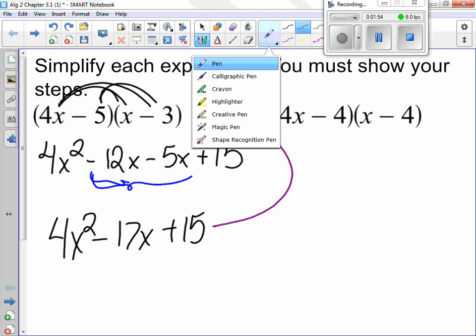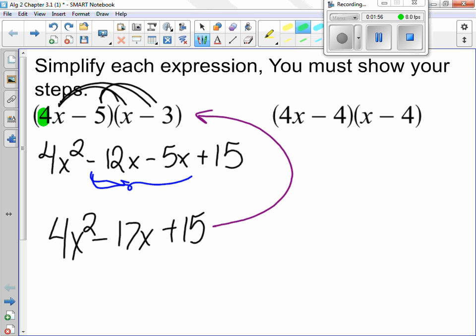And one thing I want to draw attention to is the fact that our middle term, this here, really comes from the first term, 4x, the highlighter, 4x times negative 3 and negative 5 times x.